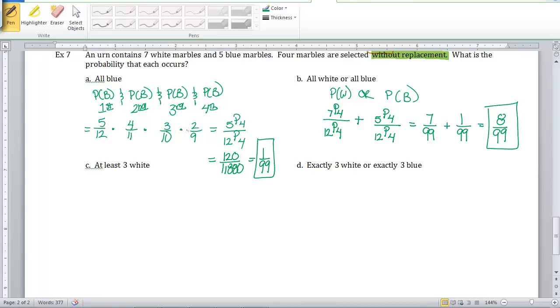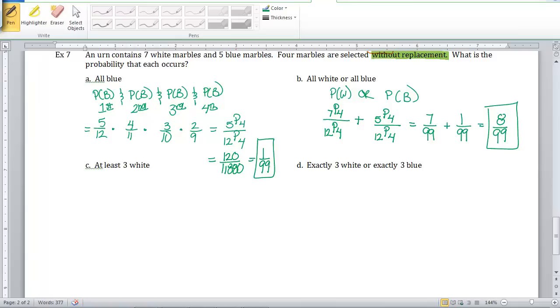Now it happens that, if you remember from the last sections, we have 5 blue marbles. We need to choose 4 of them. And here, order matters. Then we have 12 marbles, and we're picking 4 for the total. That calculates out to 1 over 99.